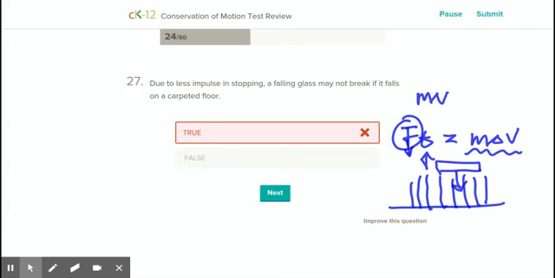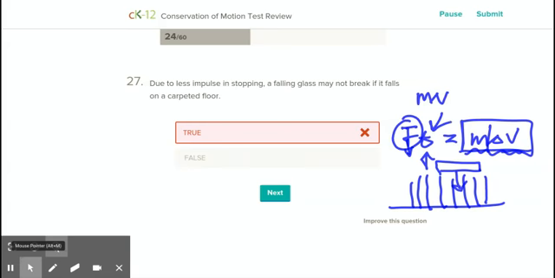Due to less impulse in stopping. Oh, my bad. It's due to the time, not the impulse. Impulse doesn't change. Okay? Impulse, this part does not change. It's really the time that changed. So this question should be false. I thought it was the same question.